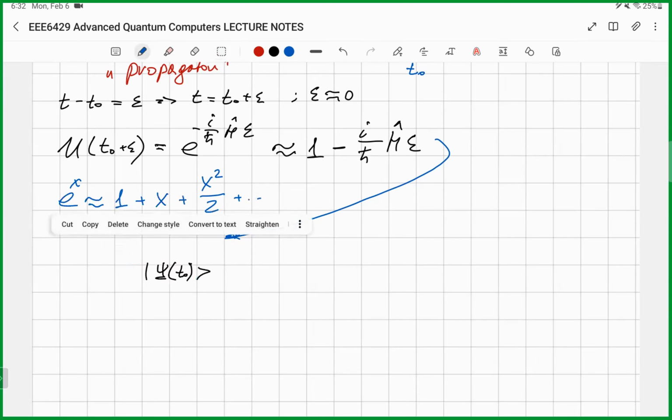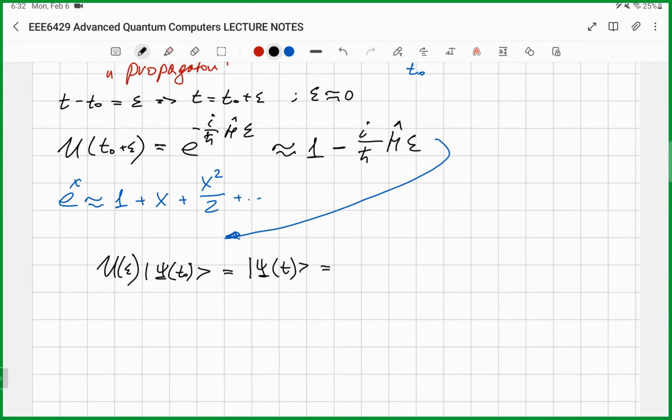What will I get? Let's go step by step. So it is U of epsilon. As a result, you of course get the state psi at another moment of time, which is very close to the initial moment of time.